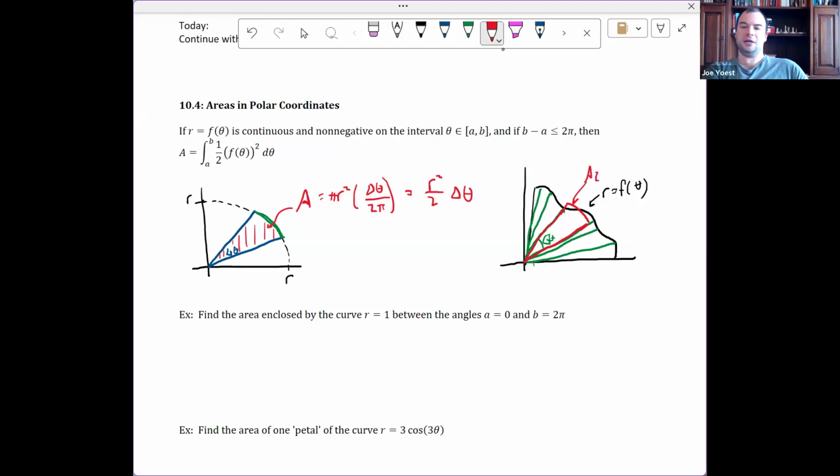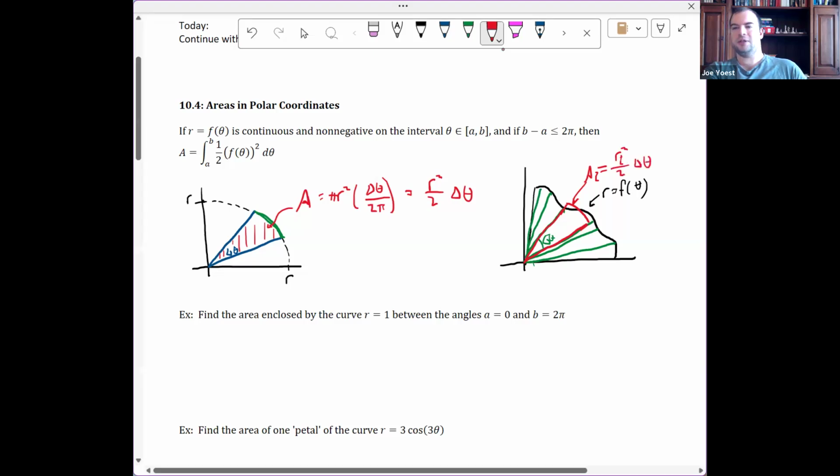So this area, say A sub i, the red area, would be r sub i squared over 2 delta theta. And then, of course, I want to add up a bunch of similar areas.